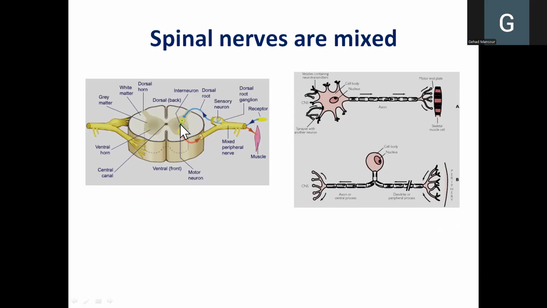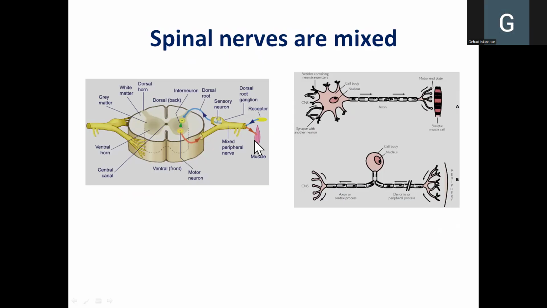But the presence of the interneuron, although it delays a bit the reflex action, yet it is very important because it allows this reflex arc or this pathway of the reflex action to synapse with other neurons. For example, to synapse with a neuron that crosses to the opposite side and then ascends to the brain.